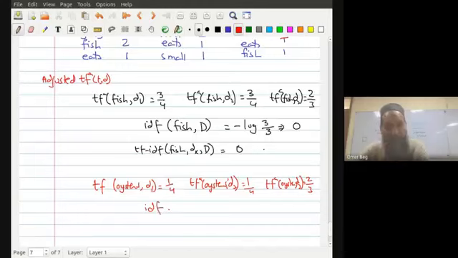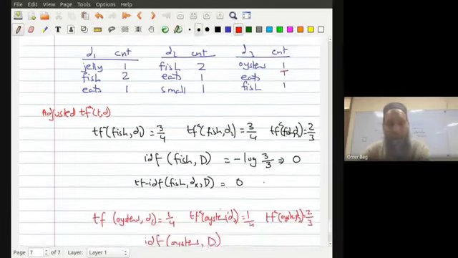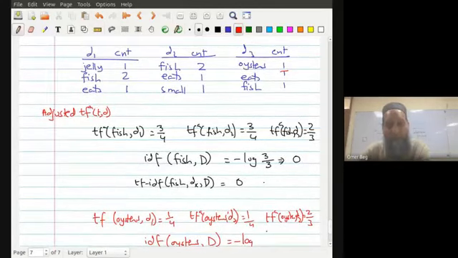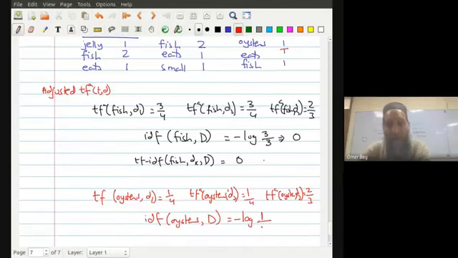And if I take the IDF for oysters in all these documents D, that is the inverse log of the count of documents in which oysters occurs, that's 1, over 3. So this turns out to be approximately 0.477.